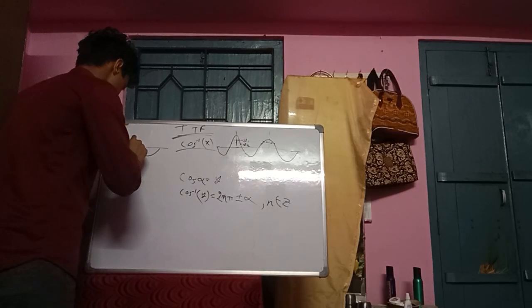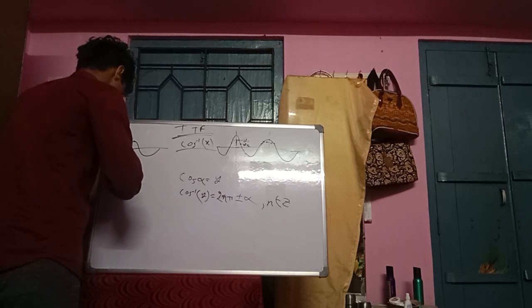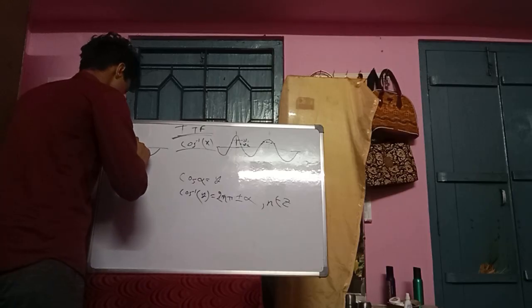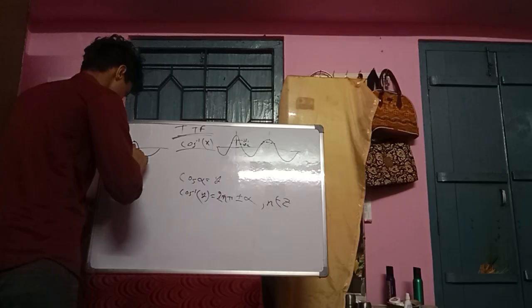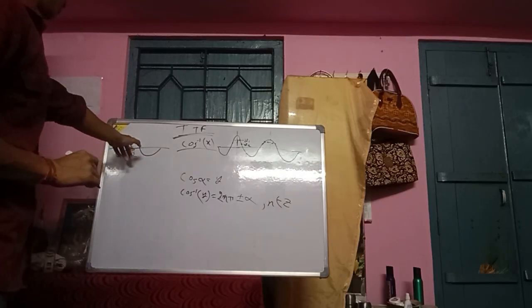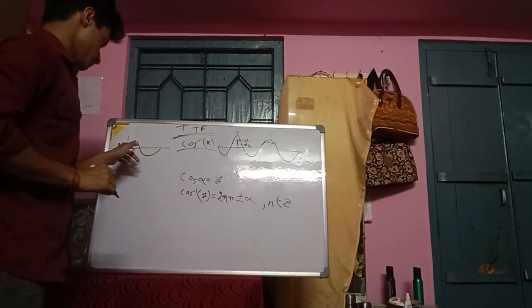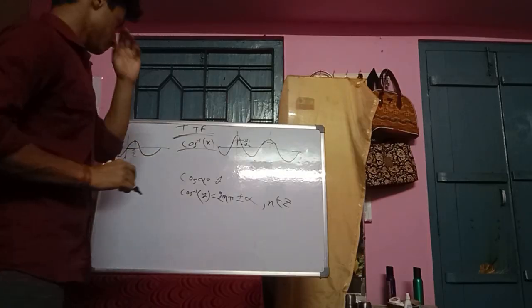From this point to this point, this is negative pi by 2. This is negative pi by 2, and this is positive pi by 2. In this range, all the possible values of the sine theta function are covered.